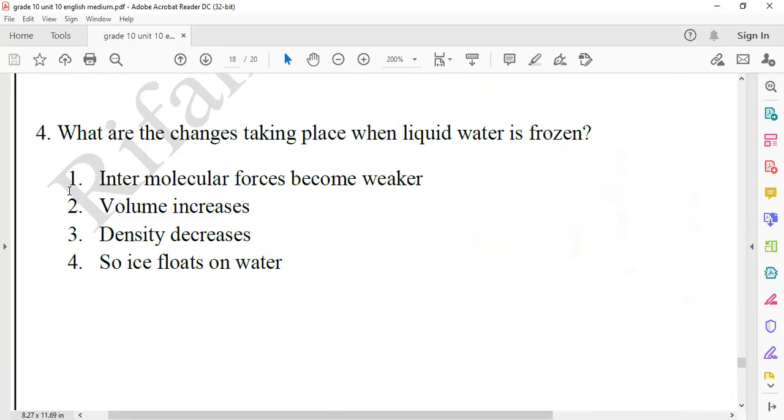They become weaker. What is happening to the volume? Volume increases. What is happening to the density? Density decreases. That's why ice is floating on the water. Understood? Yes, sir.